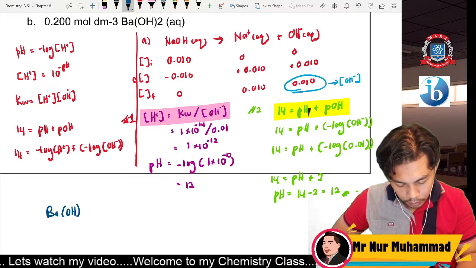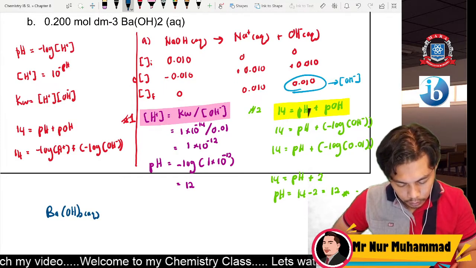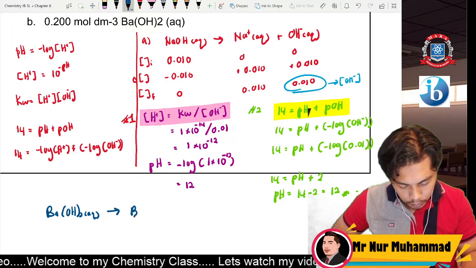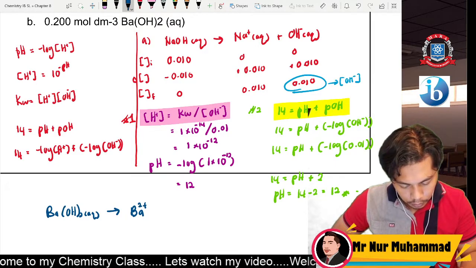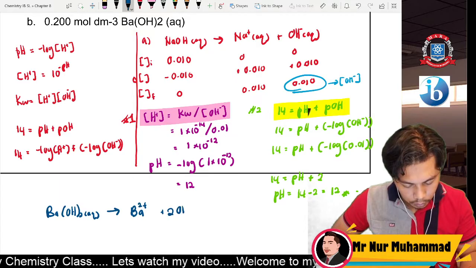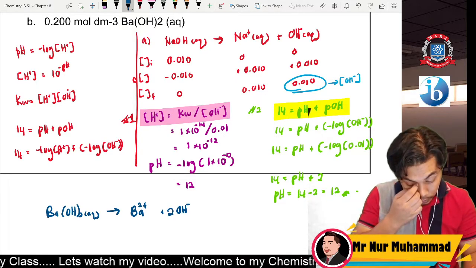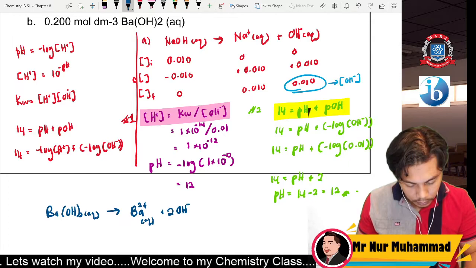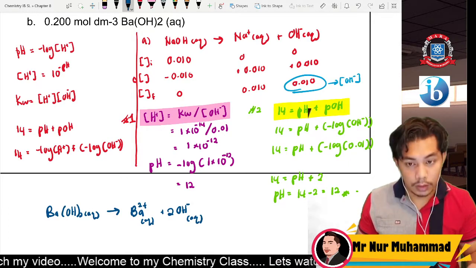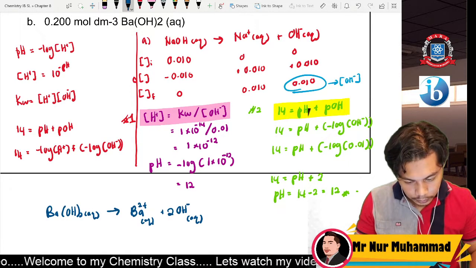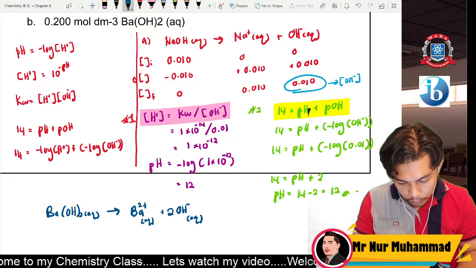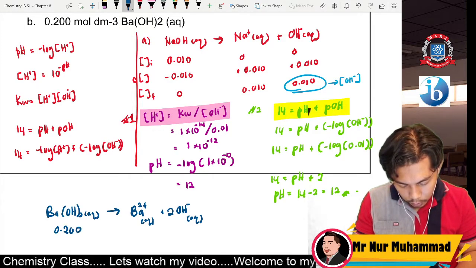Aqueous barium hydroxide ionizes completely to produce barium ion plus 2 hydroxide ion. The concentration of barium hydroxide is 0.200.